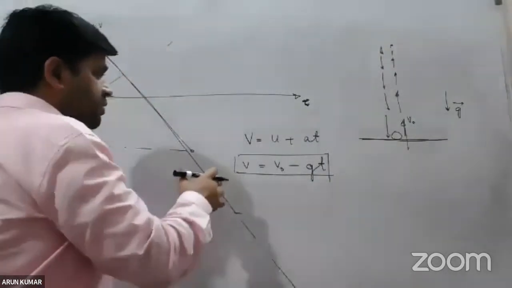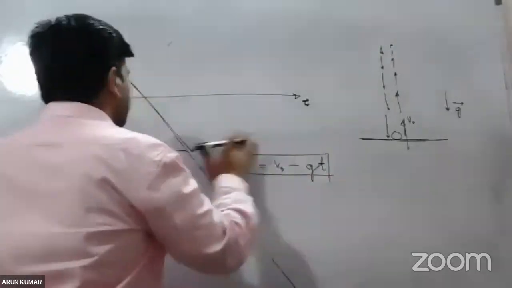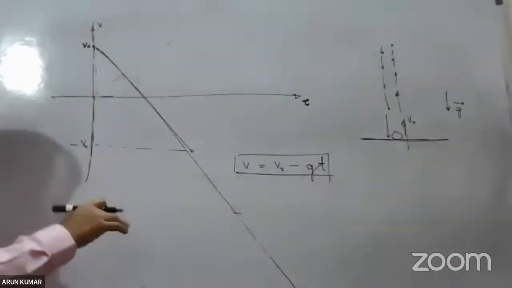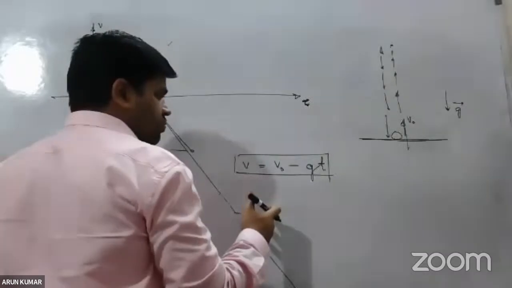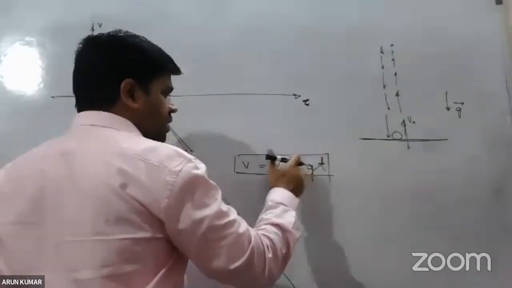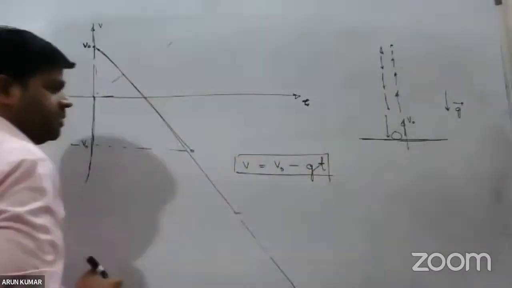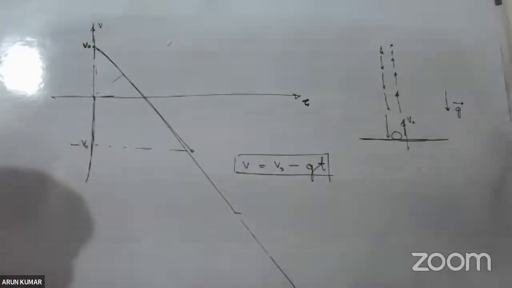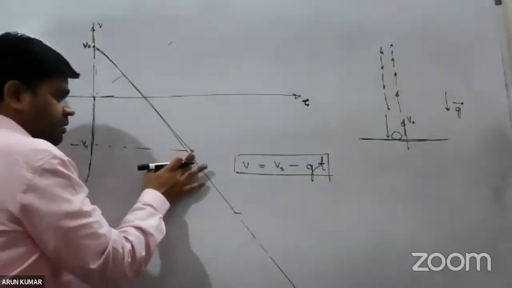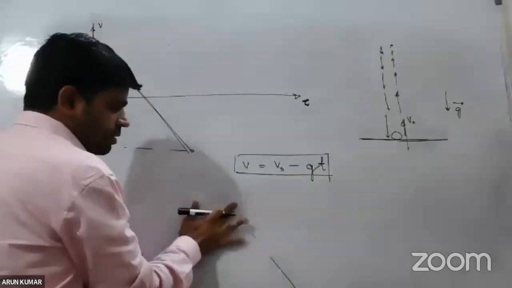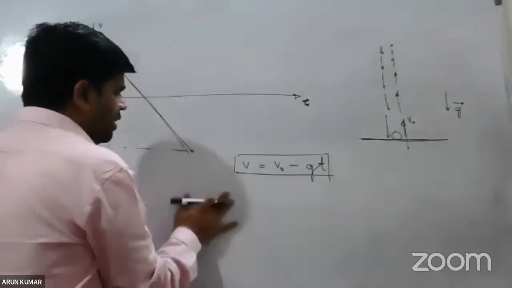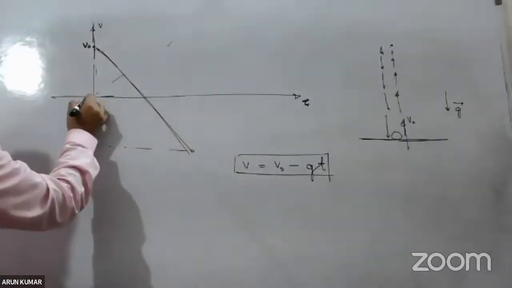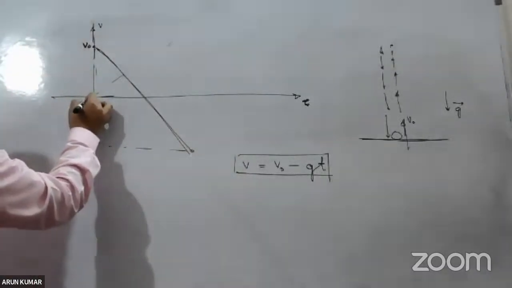So I have plotted v equal to minus gt plus v naught, or y is equal to mx plus c in slope-intercept form. Slope is minus g and intercept is v naught. Now this point, how can you say from the graph that it is at ground? It started from ground at t equal to 0.